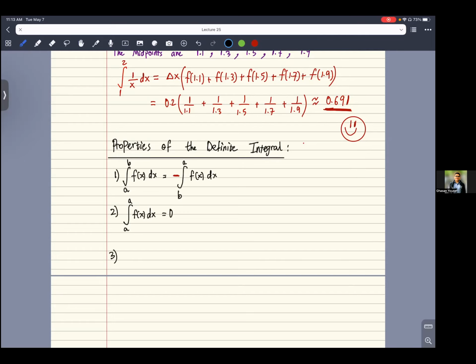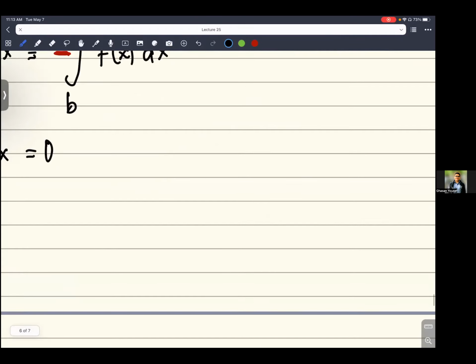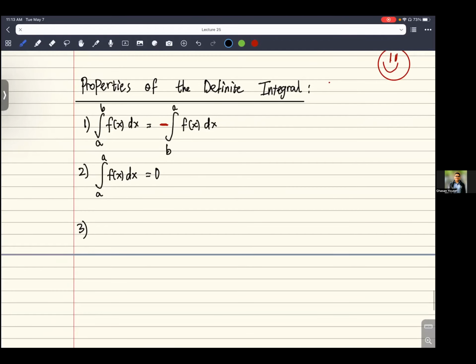Number 3, they said, if I have a constant c, the integral of c dx from a to b is c times (b minus a).